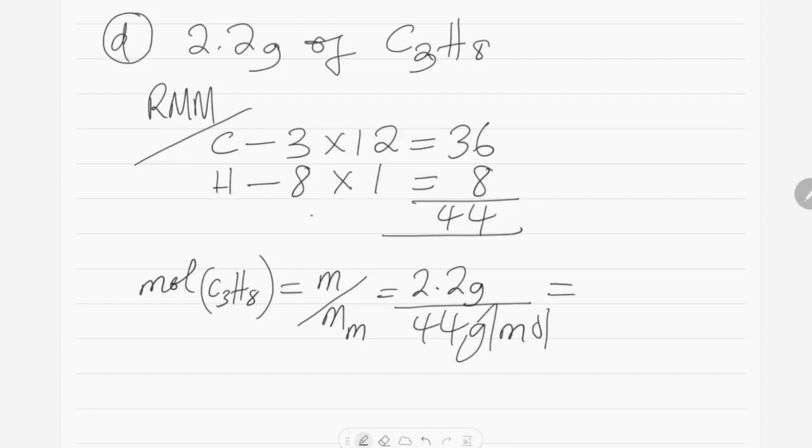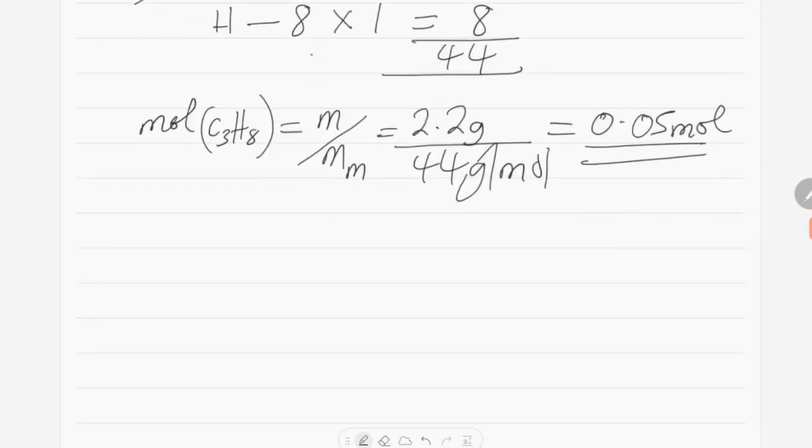Dividing 2.2 by 44, we get 0.05 mole. Now that we have the number of moles of propane that reacted, we can easily find the energy.